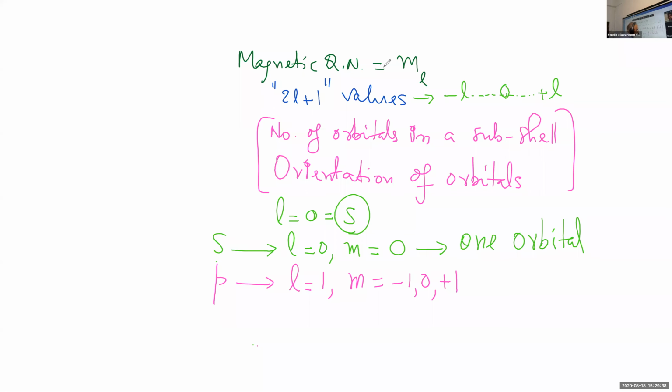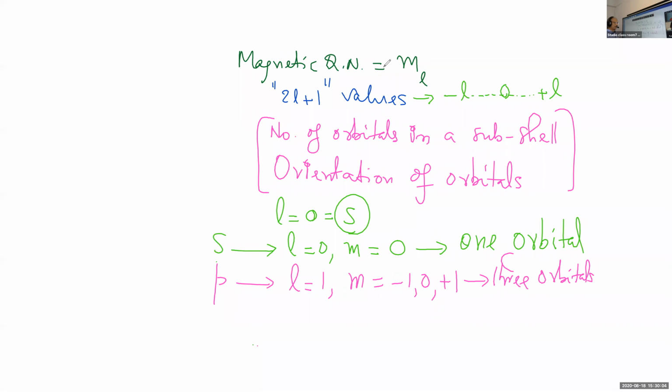And therefore, how many orbitals are possible in the p level? Three orbitals are possible. The same thing we have already studied. There are 3 orbitals in the p subshell, and they are px, py, pz.